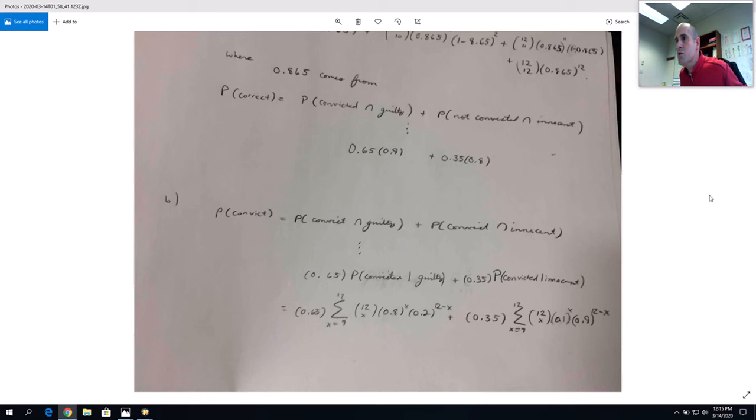We were wanting to compute the probability of a correct decision for an individual juror, which we decided was not quite right up there. But what about a correct decision? Well, it seems to me that you can do the computation somewhat similarly to what you just did for the probability of conviction.